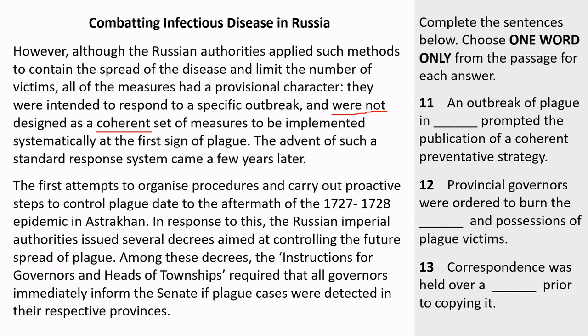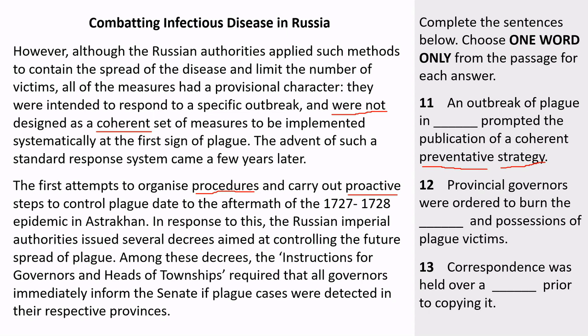Then it says the first attempts to organize procedures and carry out proactive steps. So now we're getting really close to our answer because procedures is very similar to the word strategy, and proactive is very similar to the word preventative. So the first attempts to organize procedures and carry out proactive steps to control plague date to the aftermath of the 1727-1728 epidemic in Astrakhan.